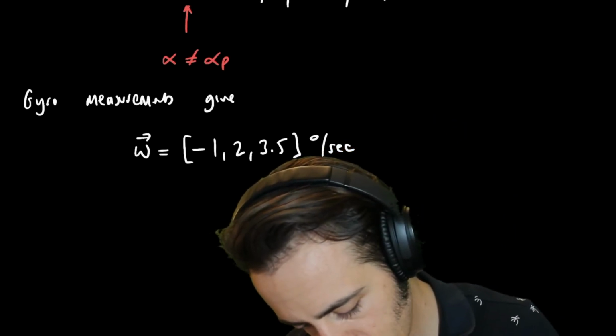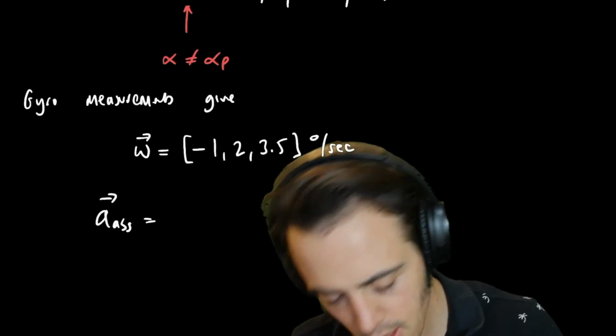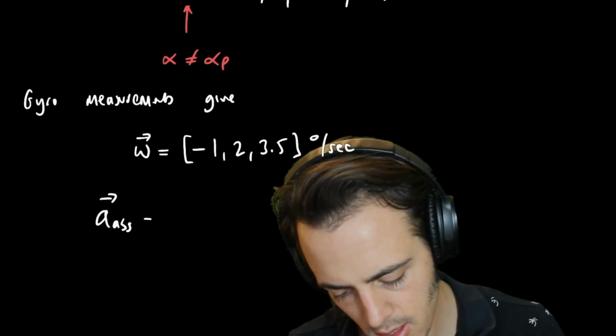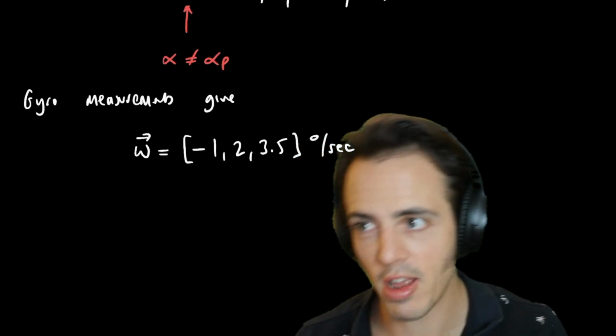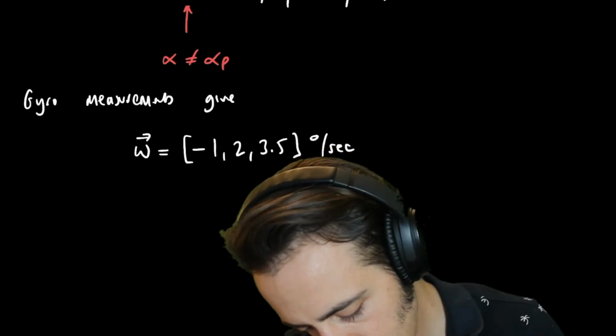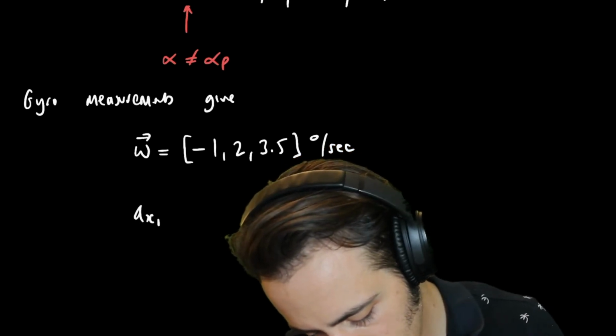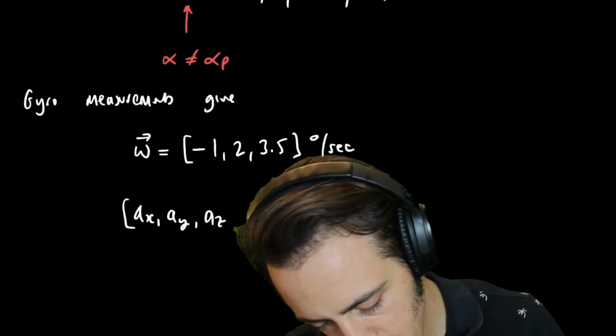So we could have the absolute acceleration of the, let's not call it absolute acceleration. It is absolute acceleration, but I don't want to confuse it with being measured at the aircraft center of gravity. So let's say we've got AX, AY, and AZ.